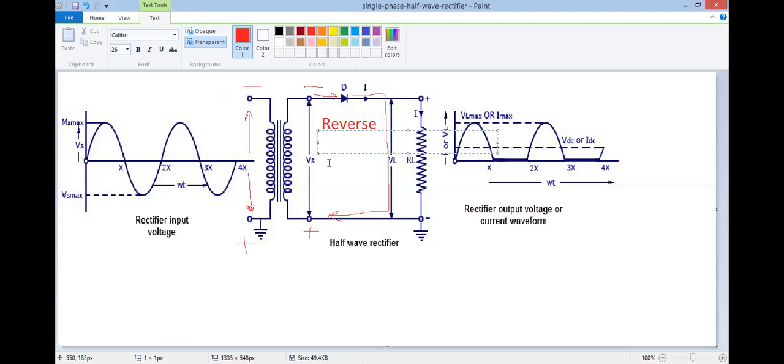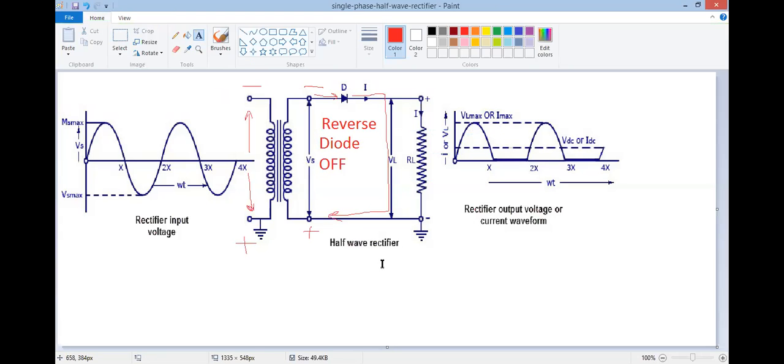Hence we can say the diode is in off condition. So in reverse bias condition, diode is off because we know that microampere current is flowing, nanoampere current is flowing. So obviously current value is very less. Hence we say diode is off in reverse bias condition.